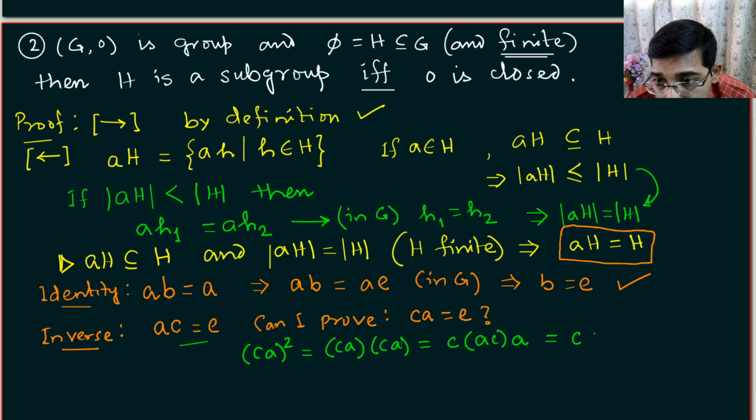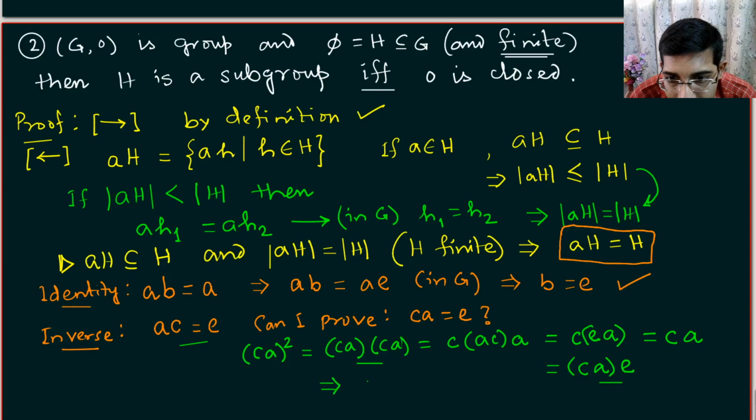So C, E, A. Again, I can do it over EA and can make it as CA. Right? So what does this CA mean? It's also part of G. So CA means CA into E. Now check this and this. It reveals that by the left cancellation law, CA is equal to E.